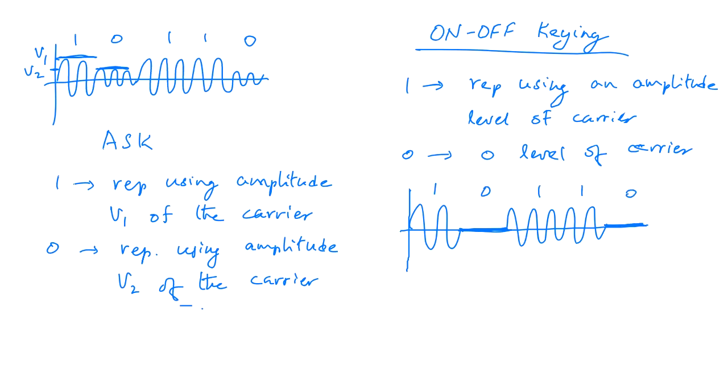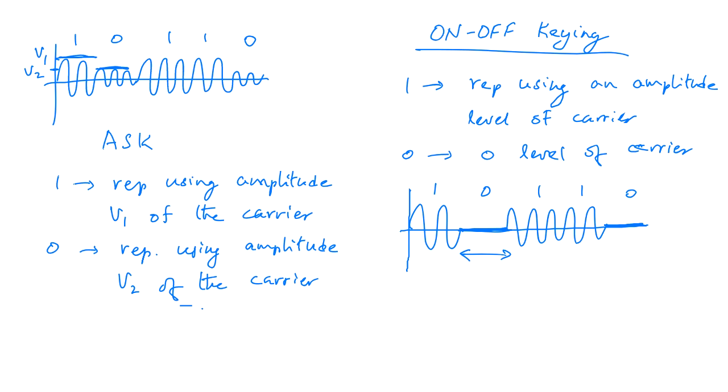So whenever there is a 0, the amplitude of the modulated carrier is made 0 volt. That means there is no carrier transmitted during the interval of 0. So that's why we call it on-off keying. If the information bit that we want to transmit is a 1, then the carrier is transmitted. It's like turning on the carrier.